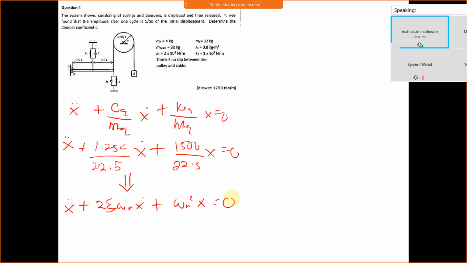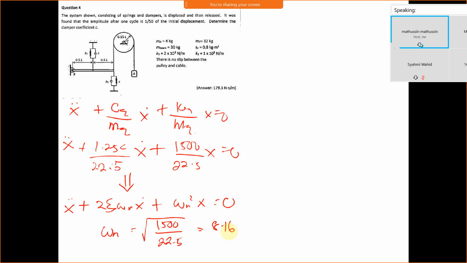Equals to 0. Then from here we can actually find what is our omega n, which is square root of 1500 divided by 22.5. Okay, so 1500 bahagi 22.5 square root, so 8.16. Alright, that is our omega n or natural frequency.